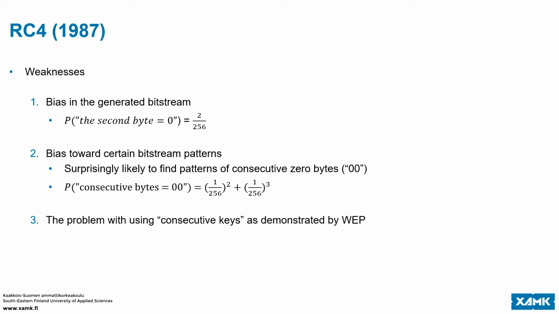So even if you take into account the first 2 biases, which are toward 0 bits in the bit stream, the random number generator is only reliable if you initialize it using random initial keys. So you cannot use consecutive keys, as was demonstrated in the WEP example in the previous lecture.